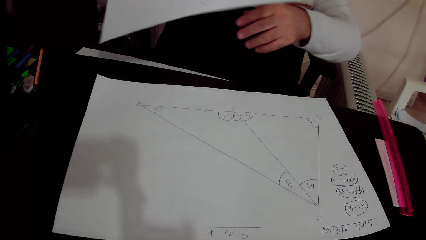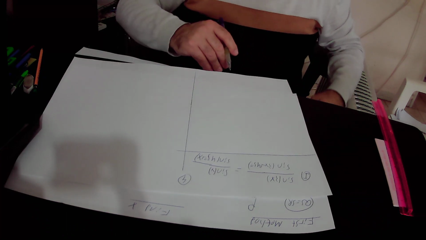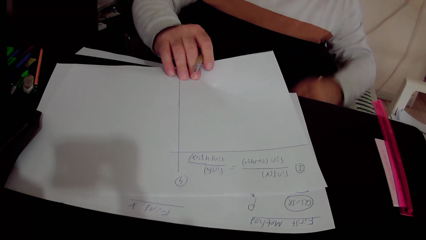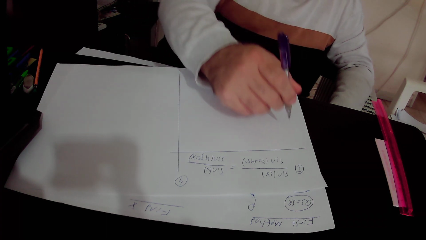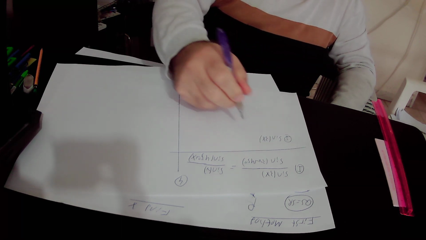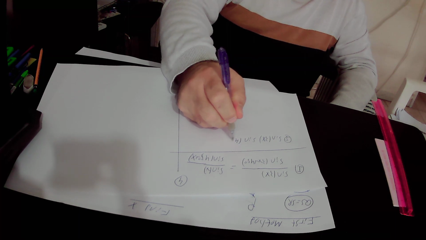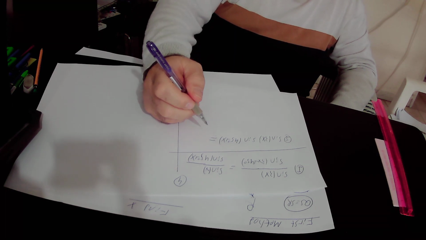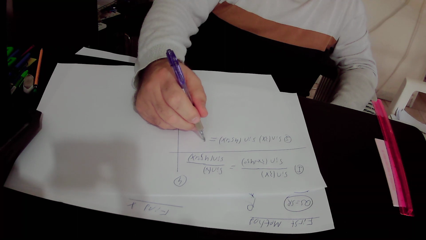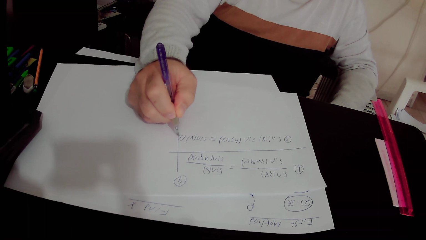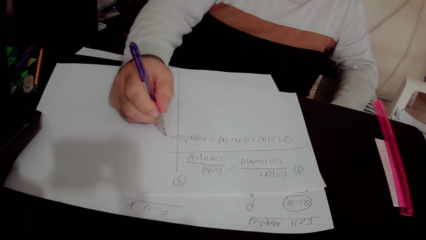So here we will cross multiply equation number 1, and we will get that sine 3x times sine (45 degrees plus x) equals sine x times sine (3x plus 45 degrees).